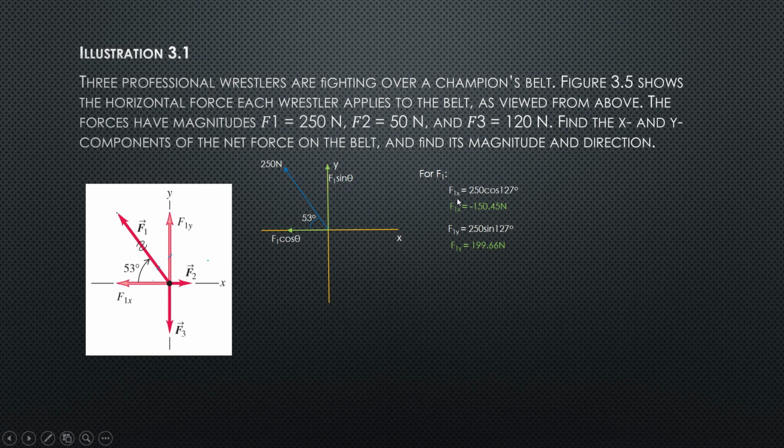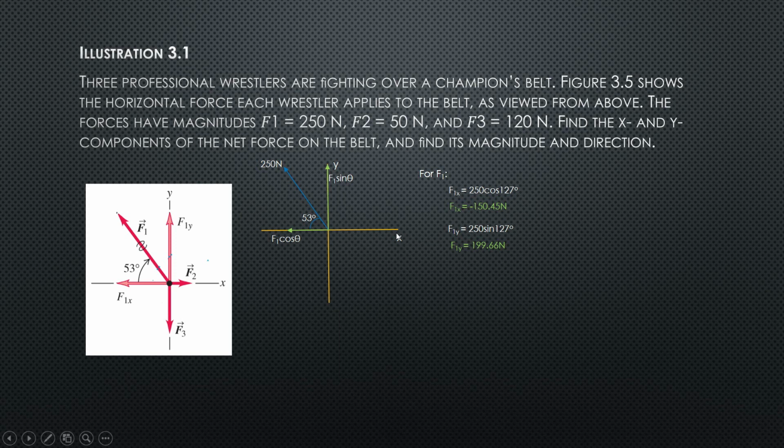I have used the angle from the positive x-axis going to the force, that is 180 minus 53, which is 127. Computing this using your calculator, you will get negative 150.45 newtons. Negative is simply the direction of this x component force. It is along the negative x-axis, but the magnitude of this force is simply 150.45 newtons. Negative is to the left.